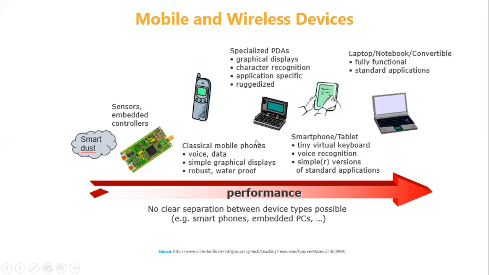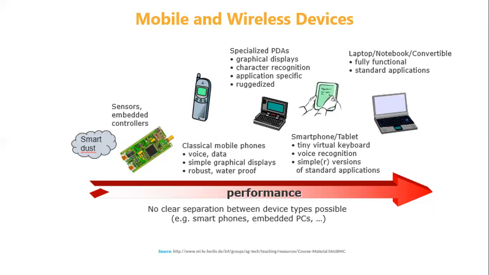These are more robust devices. Normally, these devices will be used by firefighters, because once they enter a place where there is a fire, they cannot carry a normal laptop, because a normal laptop may not withstand that heat. So they carry this special type of device called a PDA, and here they can store different kinds of information.